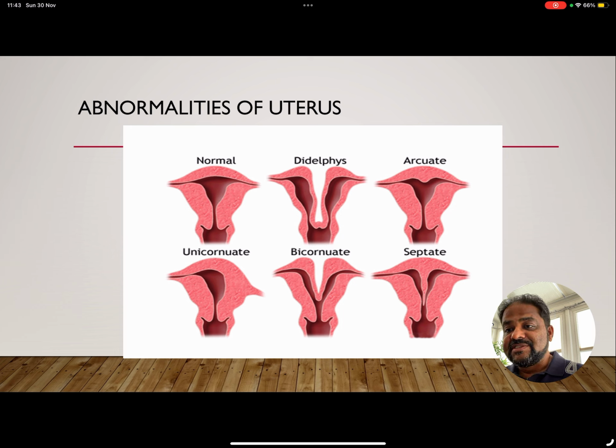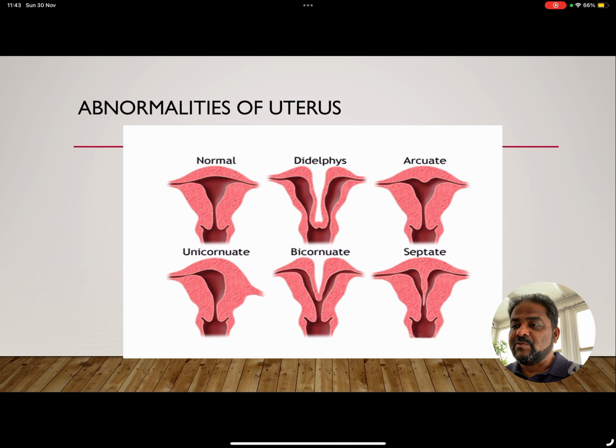The interesting fact about this nomenclature is, if you remember, there is a city in Greece called Delphi, and Delphi in the Greek language means womb, and that's why there are two uteri called didelphys. And for the same reason, dolphins are named, because they were the fish with a uterus.